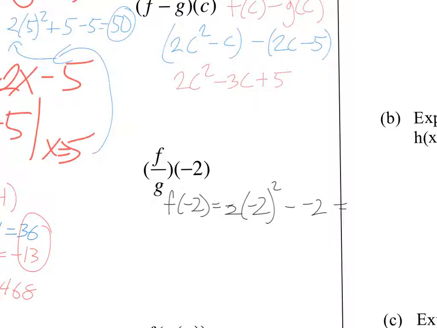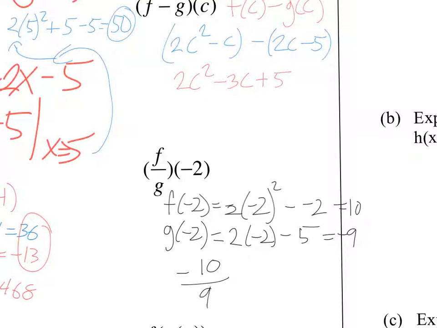So we get 2 times 4 is 8. 8 plus 2 is 10. G of negative 2. We're looking at 2x minus 5, I think, for that one. So that's 2 times negative 2 minus 5. Negative 4 minus 5 is negative 9. Then we're going to find f over g. So we're dividing these two. We get negative 10 over 9.